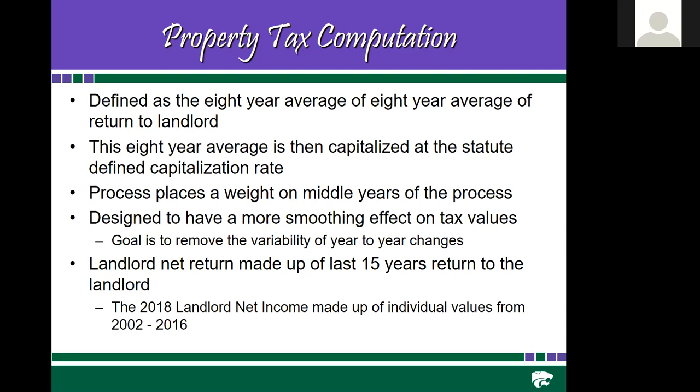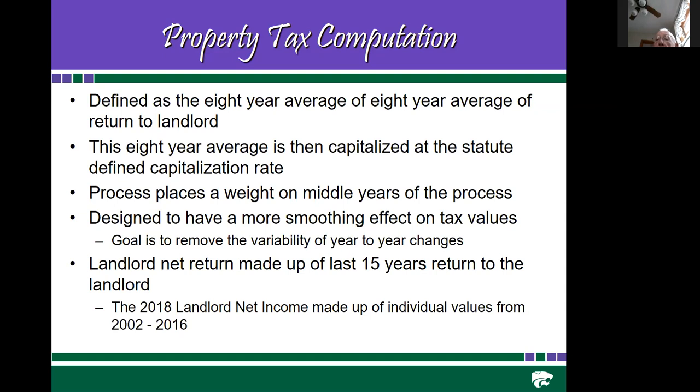Those are made up of individual years from 2002 to 2016. And so again, that 2018 number is made up of the last 15 years of returns. Once the 2017 numbers are out, it'll update from 2003 to 2017.